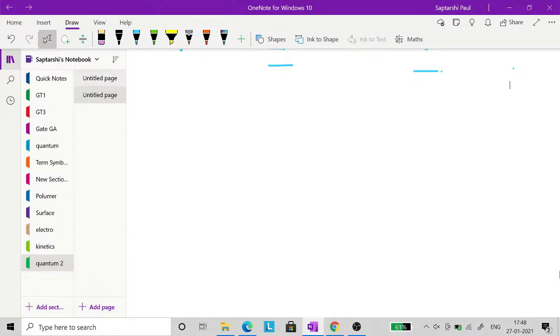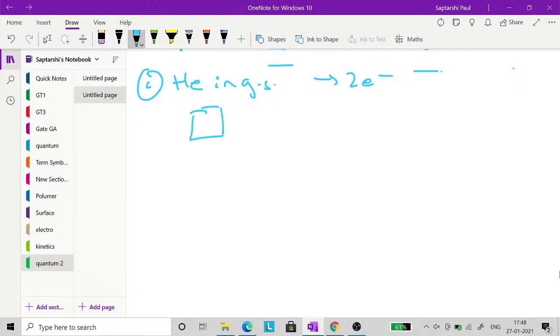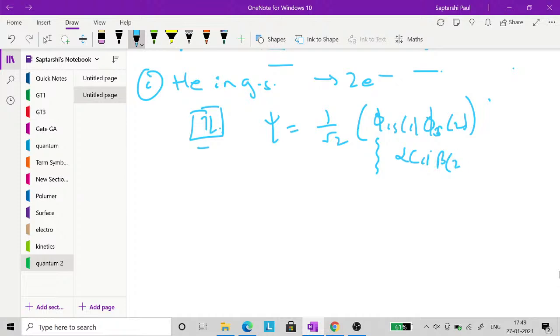So let us look into some cases for this Slater's determinant. Case number one is when helium is in the ground state. Helium, as you know, has two electrons. We have both of them in the same state, and for this there's a derivation. You don't need the whole derivation, but just remember that psi is equal to 1 by root 2, phi 1 of 1, phi 1 of 2, times alpha 1 beta 2 minus beta 1 alpha 2.